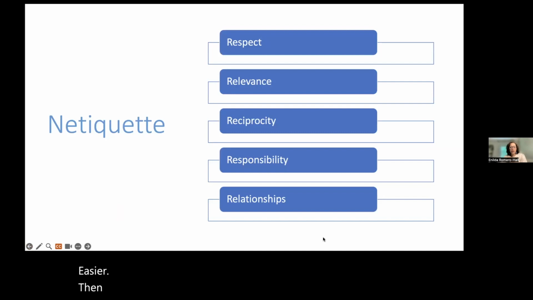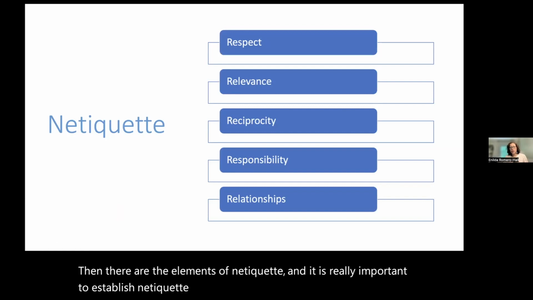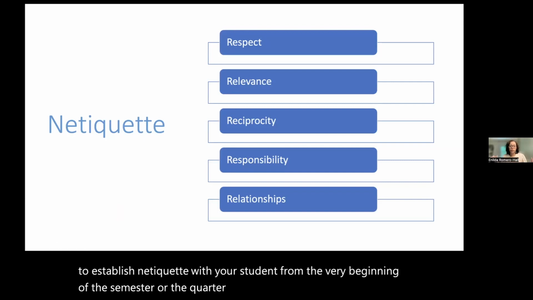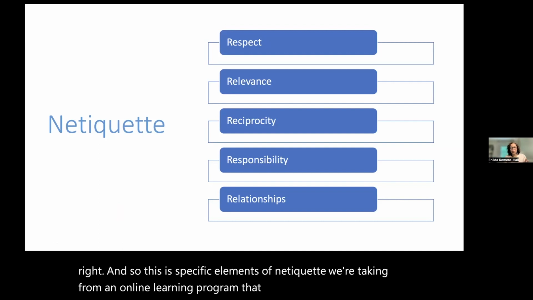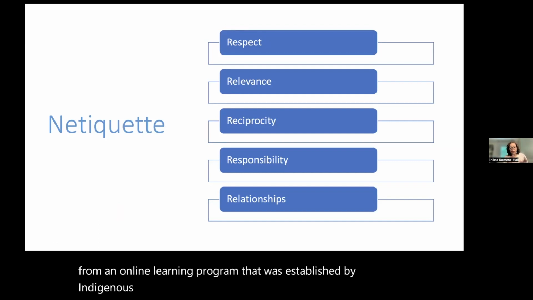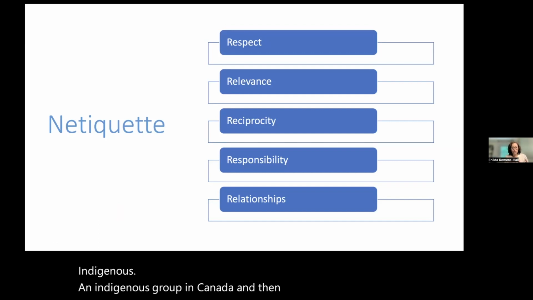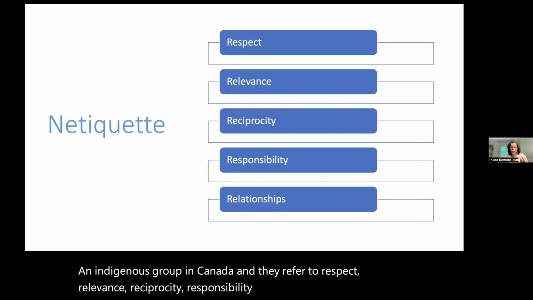Then there are the elements of netiquette, and it is really important to establish netiquette with your students from the very beginning of the semester or the quarter or however format you're teaching, right? And so these specific elements of netiquette we're taking from an online learning program that was established by an indigenous group in Canada, and they refer to respect, relevance, reciprocity, responsibility, and relationship.